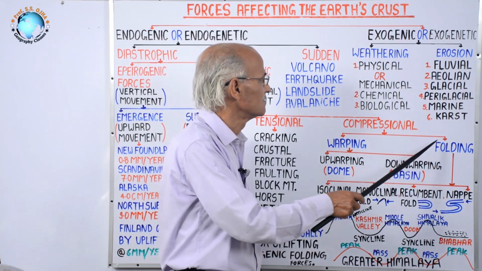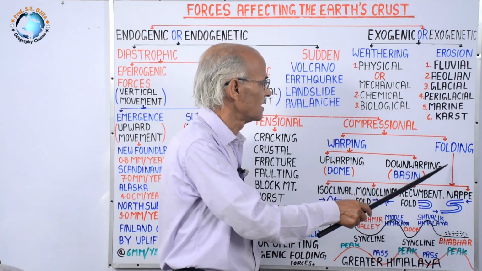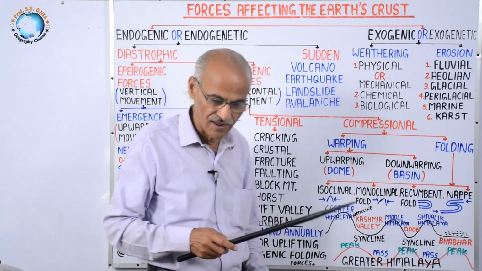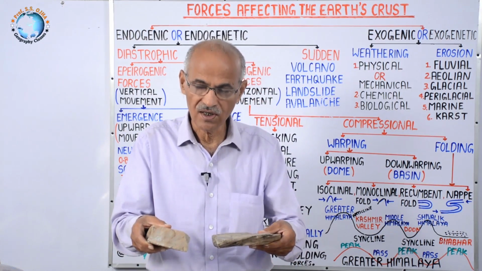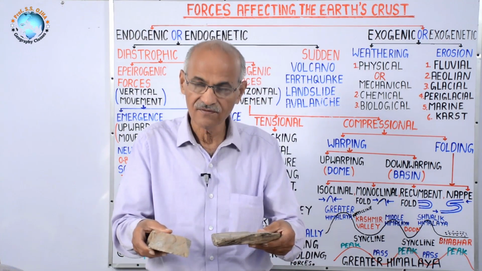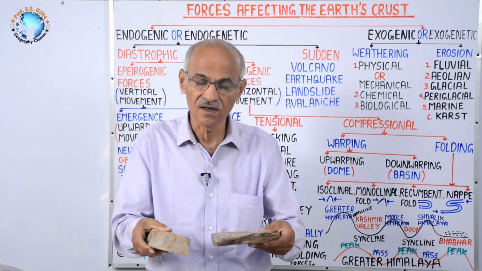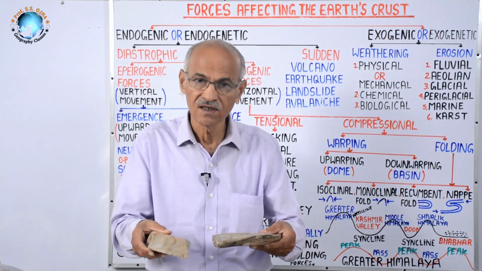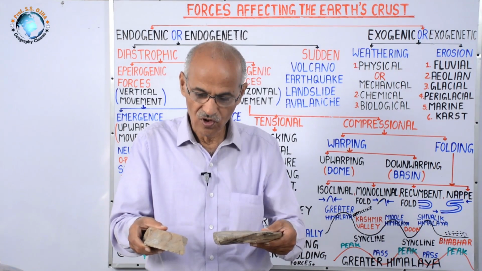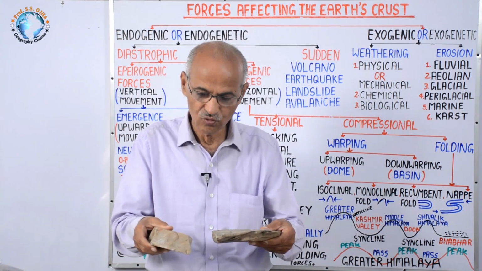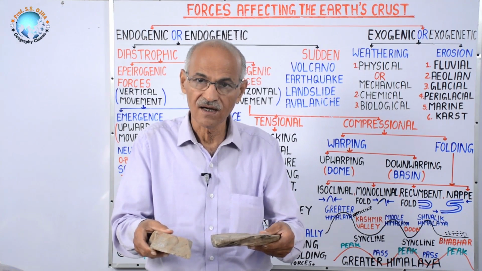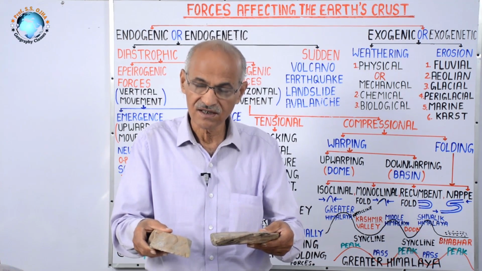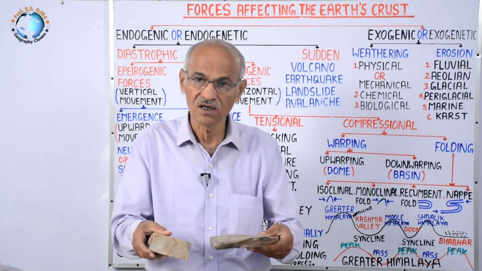Now, let us take the other case, that is folding. In folding, between these two hard parts of land, there is deposition of sediment or fluvial sediment, and due to these two parts coming closer, that sediment will undergo pressure and there are no chances of that sediment going down, rather only coming up.